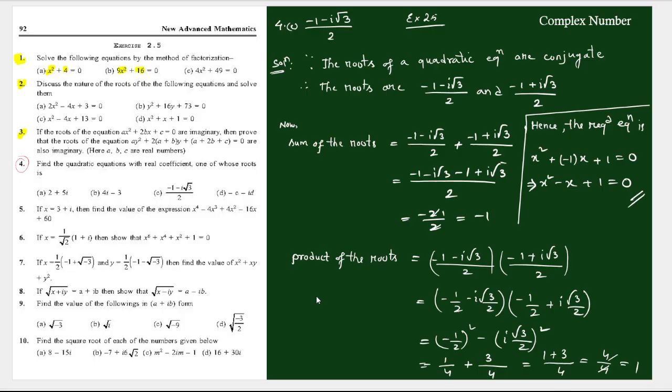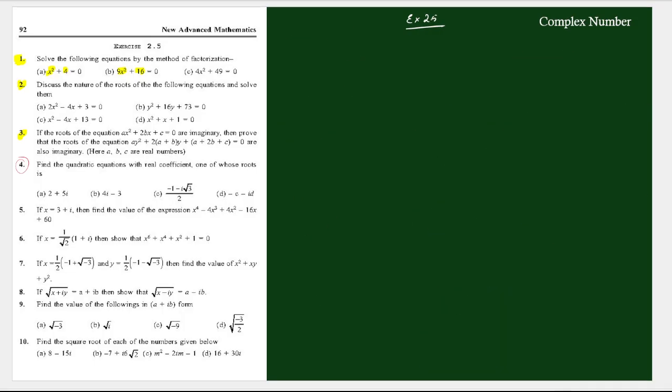So what shall we do? If we put the value, then it will be a very lengthy process. So in place of that, we will try to make this a quadratic equation.